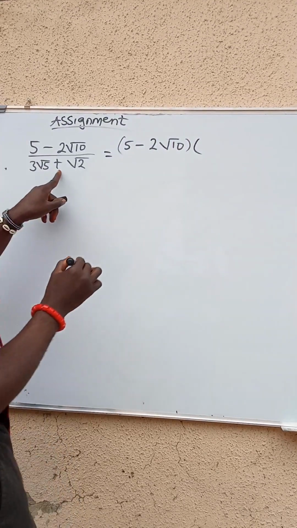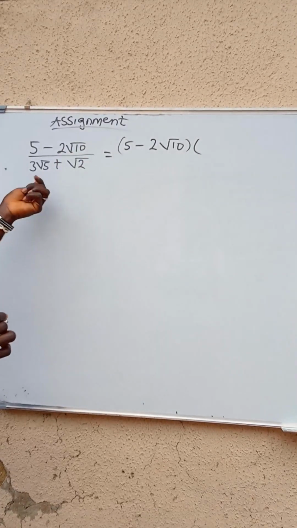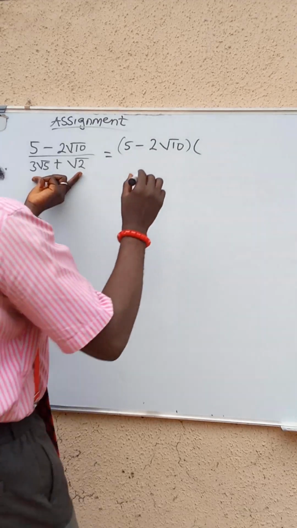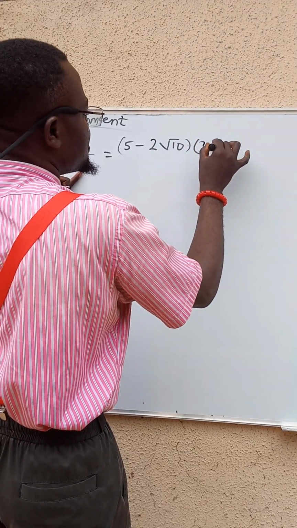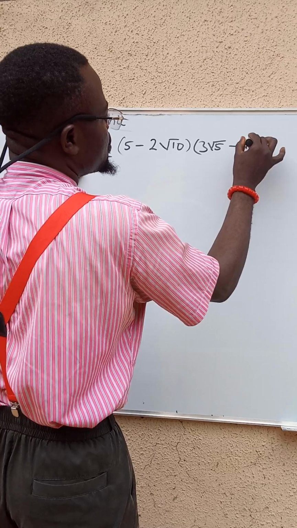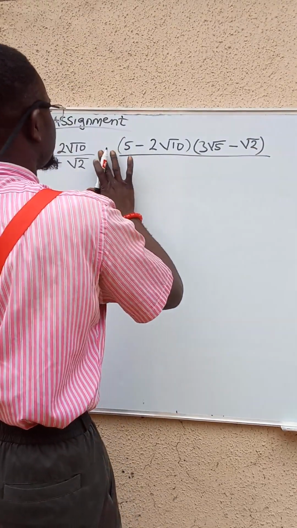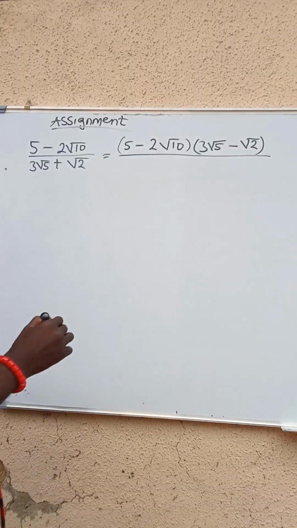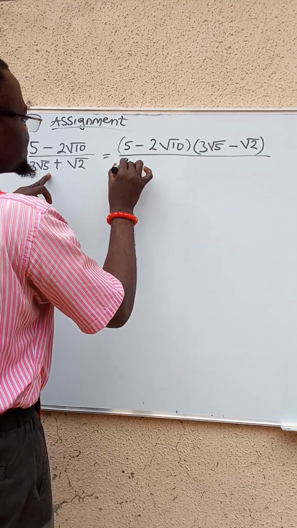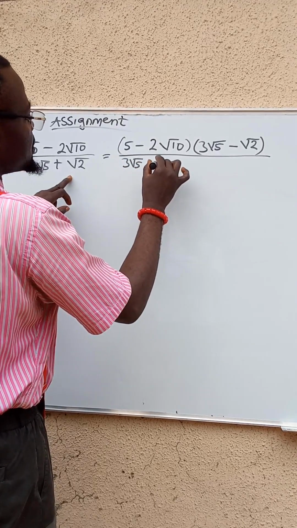Open the bracket. Instead of plus here, I want to multiply both the numerator and denominator with the conjugate of this. That is the rationalization. This will now give me 3 root 5 minus root 2. Now this one remains as it is, that is 3 root 5 plus root 2.